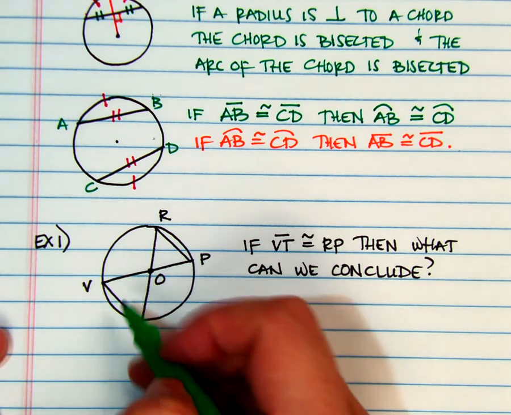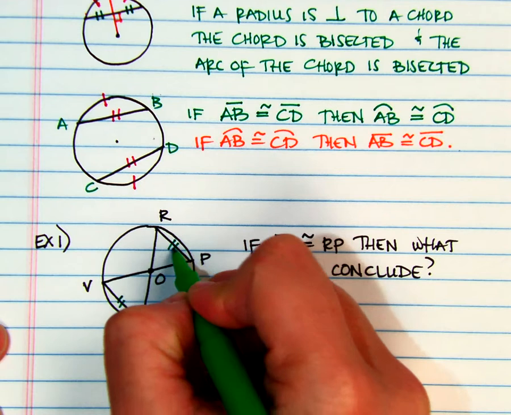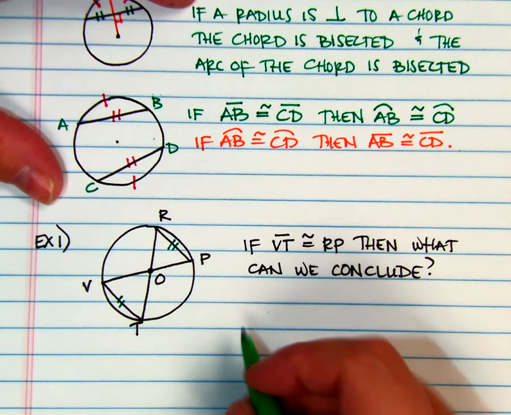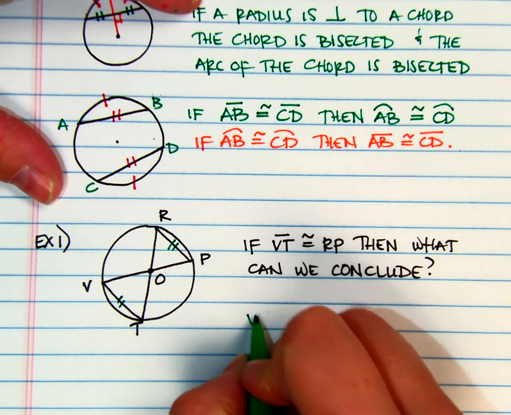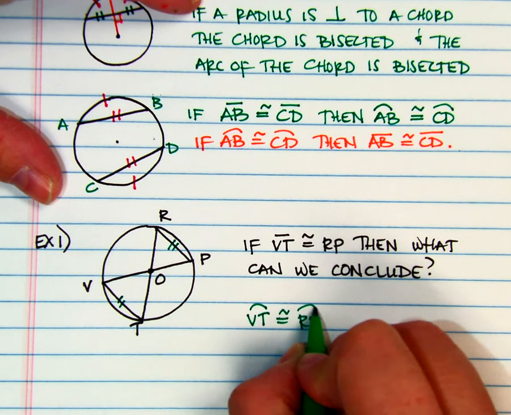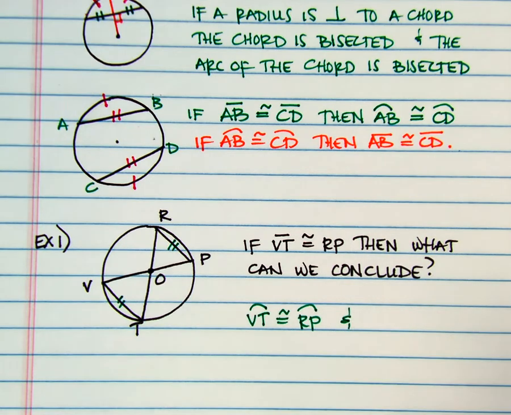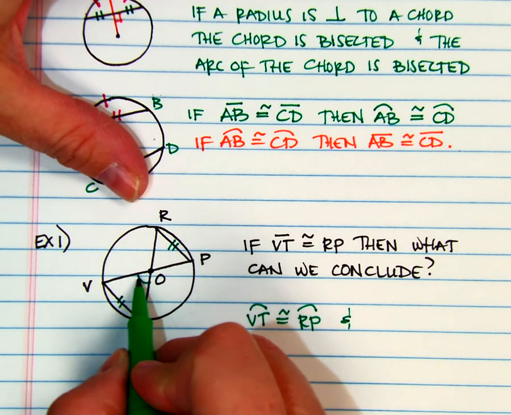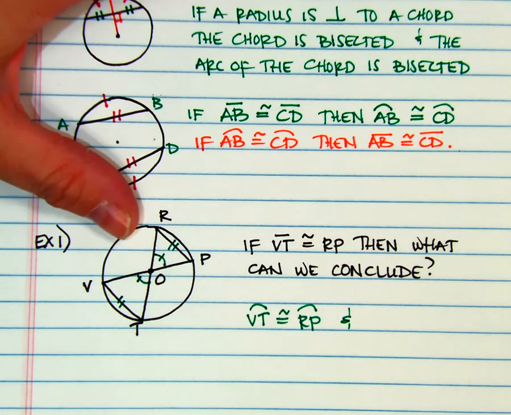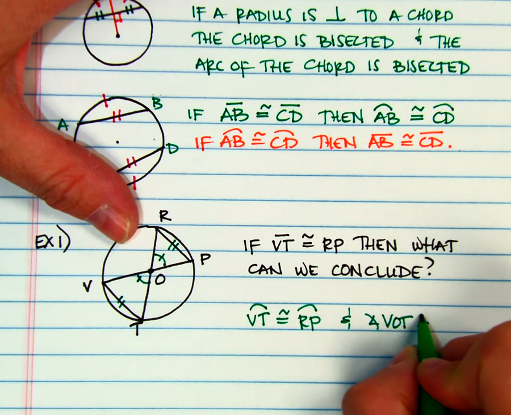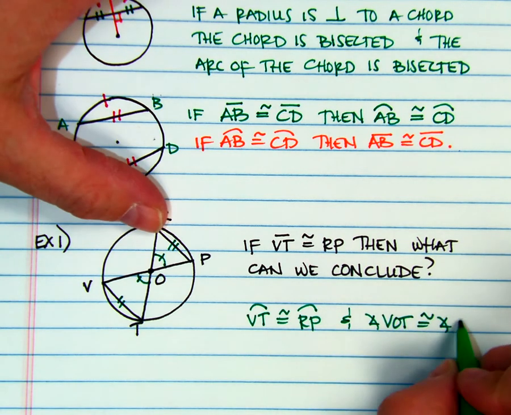Okay, so if the chords are congruent, we are given that information, then what can we conclude? Well, we just talked about that in the previous example, that arc VT would be congruent to arc RP. And we can conclude something else, which we've seen back in proofs, and that is this bow tie figure. So because of that, I know that these angles are going to be congruent because of vertical angles. So angle VOT would be congruent to angle ROP.